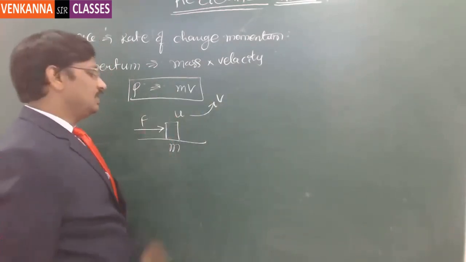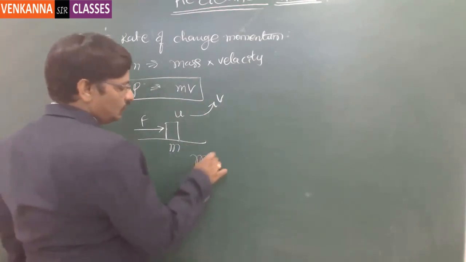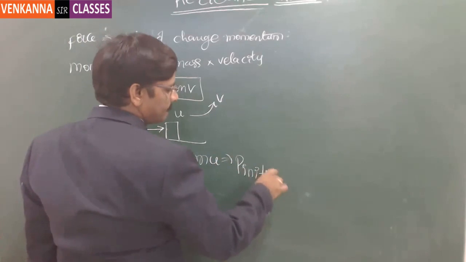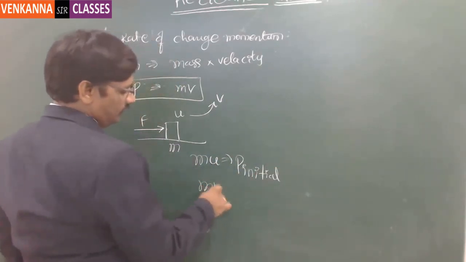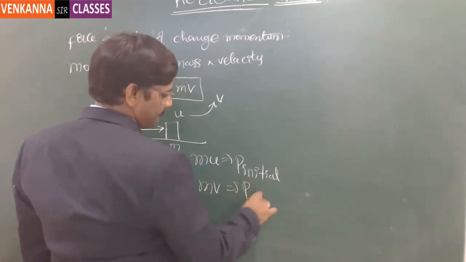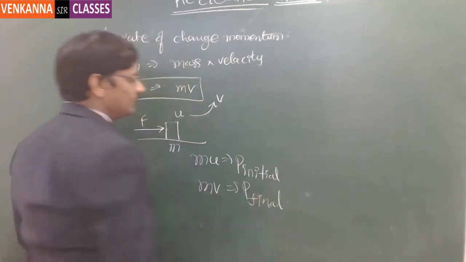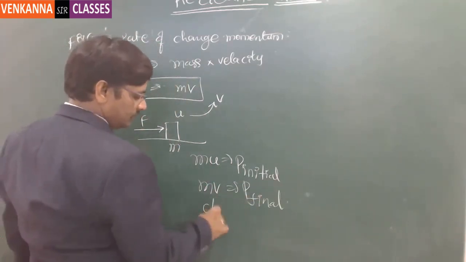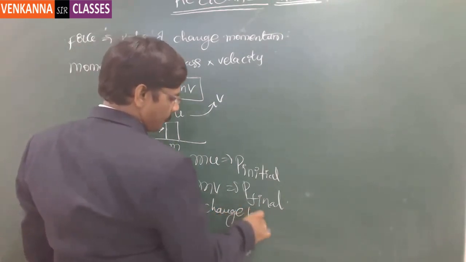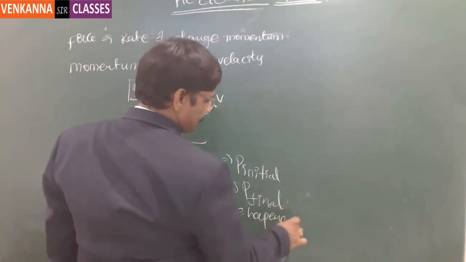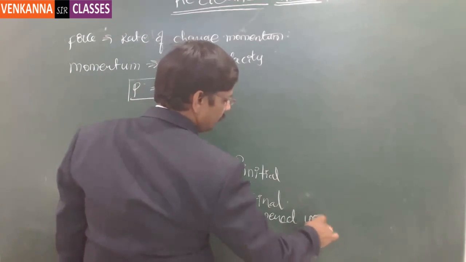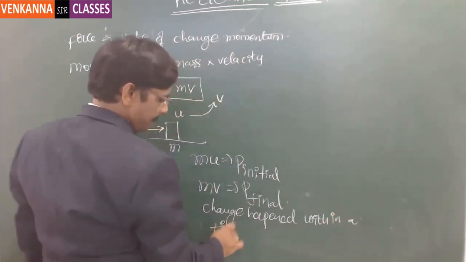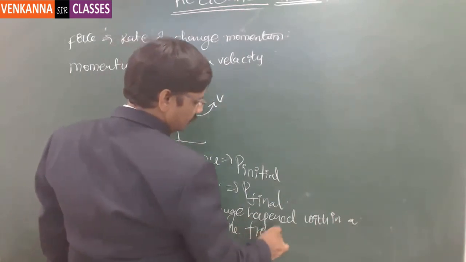That means the initial momentum is m into u, and m into v is the final momentum. Now this change happened within a time from t1 to t2.